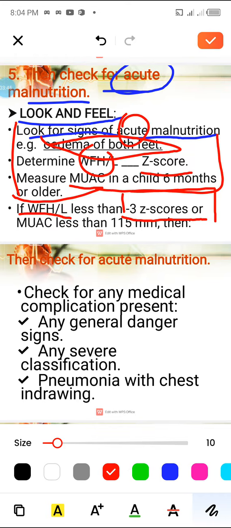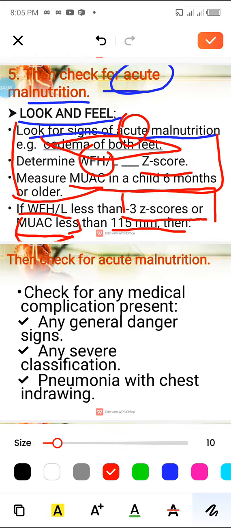If it's less than -3 Z score for weight for height or length, this is acute malnutrition. Or you do the mid upper arm circumference, which I will show you in the image, which should be less than 115 millimeters. Then this is acute malnutrition.